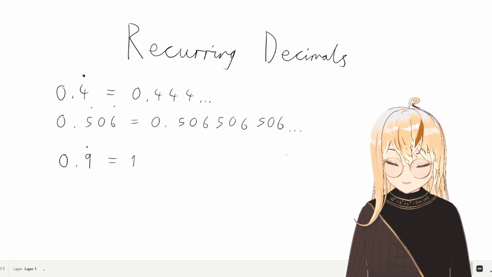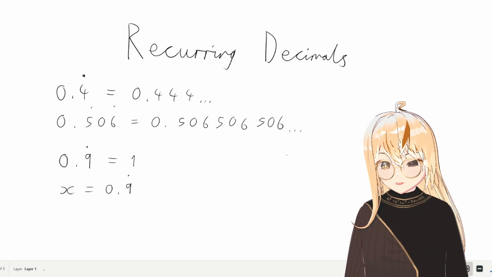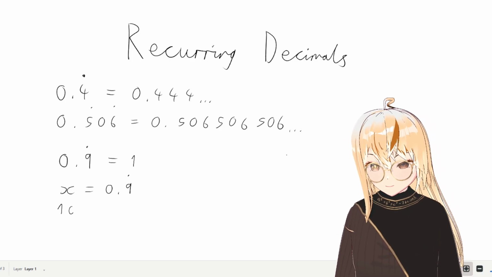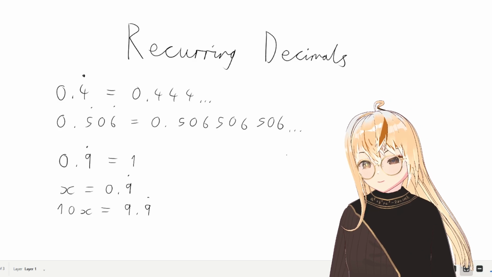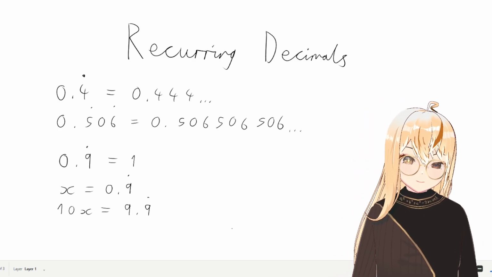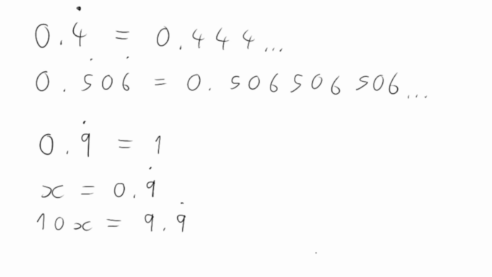Let's say that x is equal to 0.9 recurring, then 10x is 10 times that. So 9.9 recurring now. Just move it one to the left. And then we can take x away from 10x, because you can see that these 0.9 recurrings are going to cancel out.